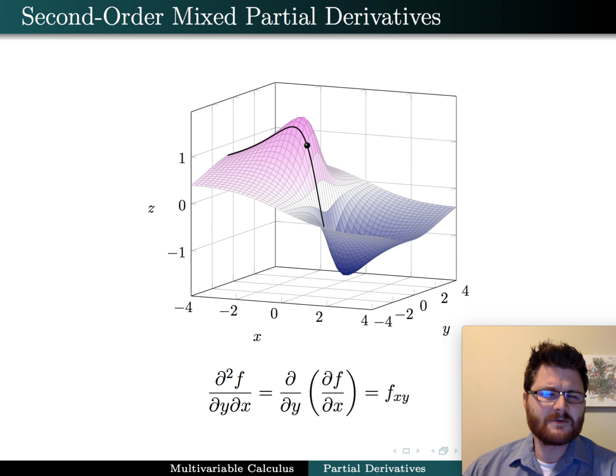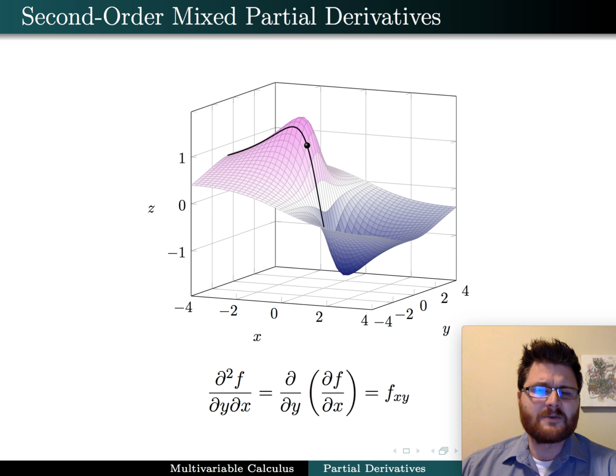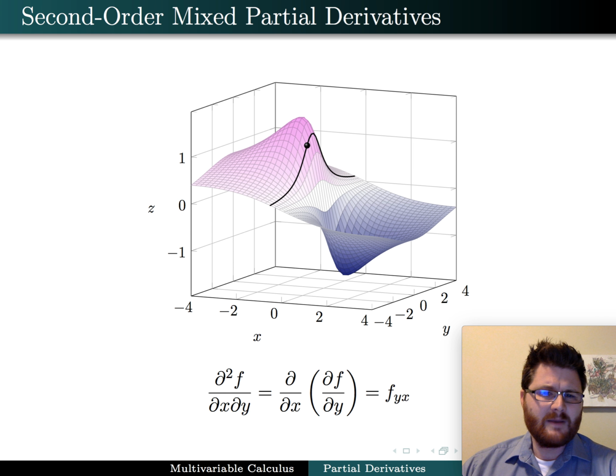But then if I take a partial with respect to the other variable, in this case y, one way you can imagine that is I'm looking at this slope in the x direction, and then what this mixed partial is telling me is, if I change where that cross section is, if I change my y value, how does the slope change at that particular x value? So first look at the slope in the x direction, and then see what changes in y do to that slope.